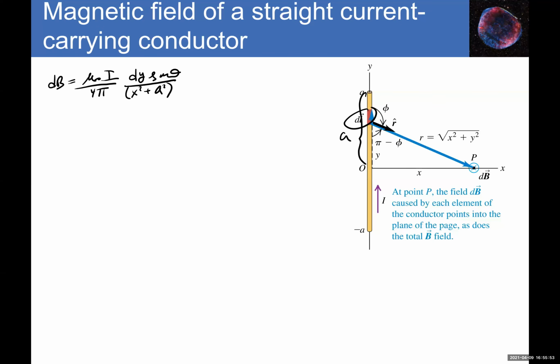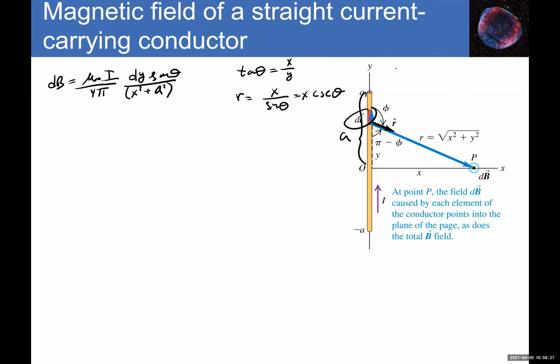As I said, tangent of theta is equal to x over y, for example, and r is equal to x over sine of theta, which can be written as x cosecant theta.